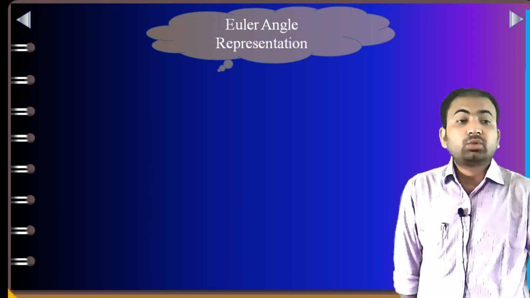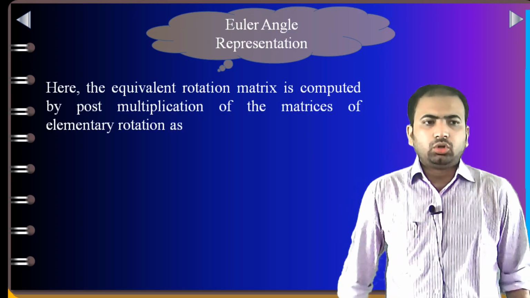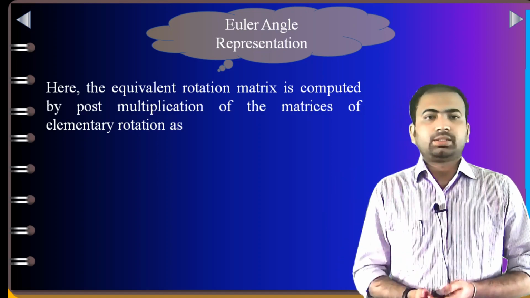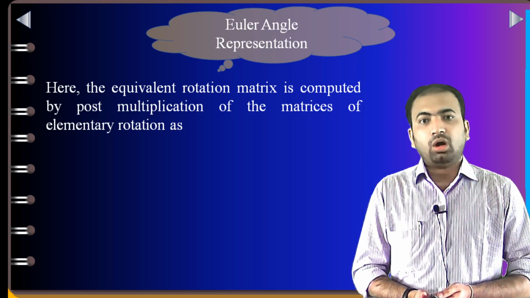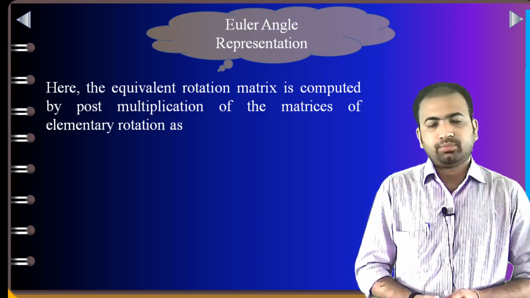Now our next work will be to find out the matrix form. So here also, like the previous case, we have to perform post multiplication of matrices of elementary rotations.